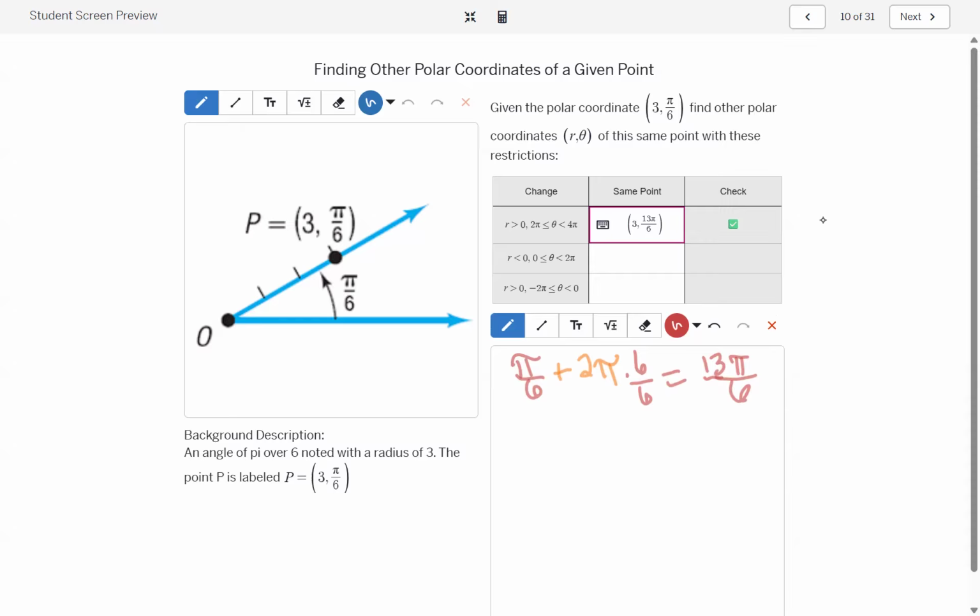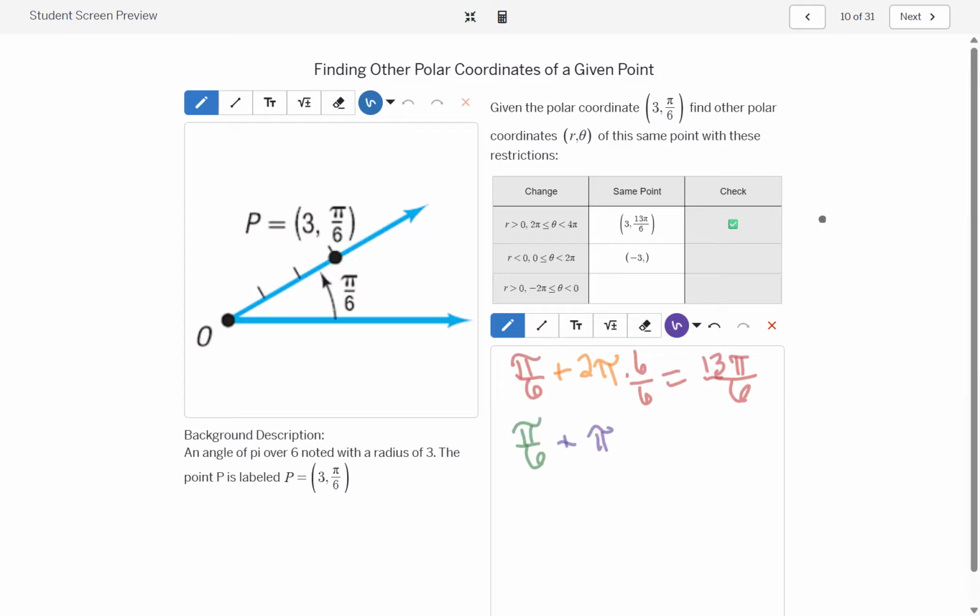Now our next one says make the radius negative. All right, so I'll start typing that in with the negative 3. And then they want the angle to be between 0 and 2 pi. Now the angle has to shift to account for the negative radius. So I have my pi over 6, and then here I'm going to add pi.